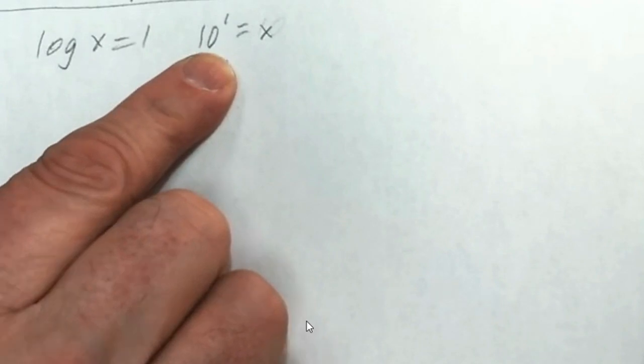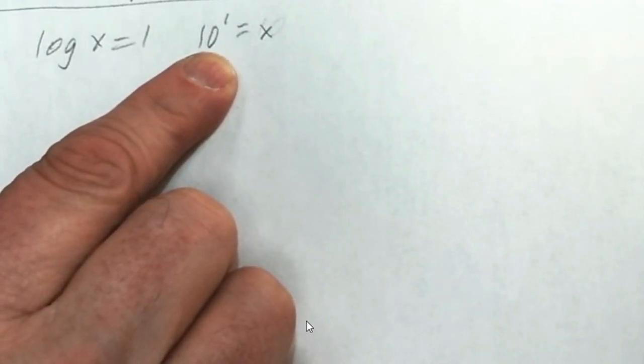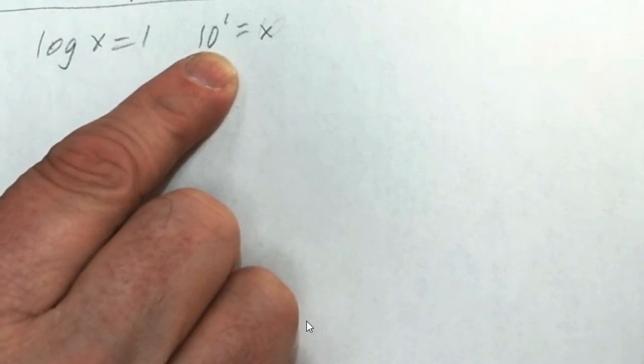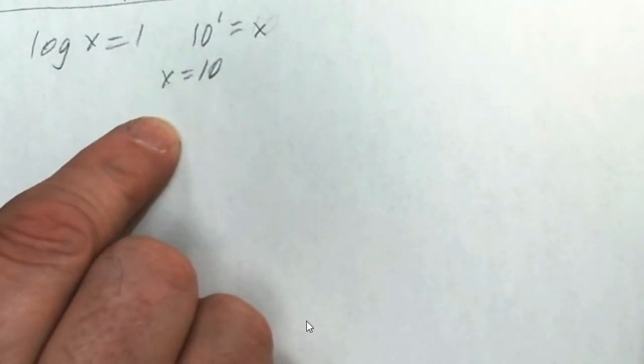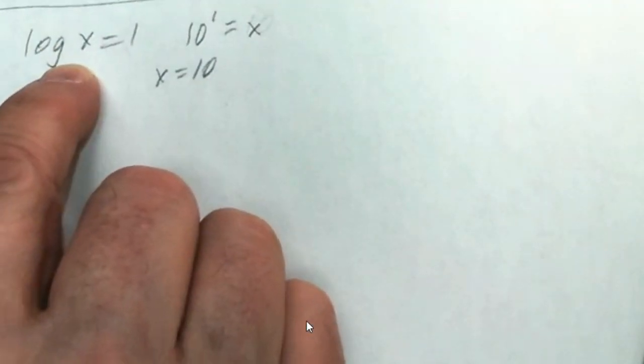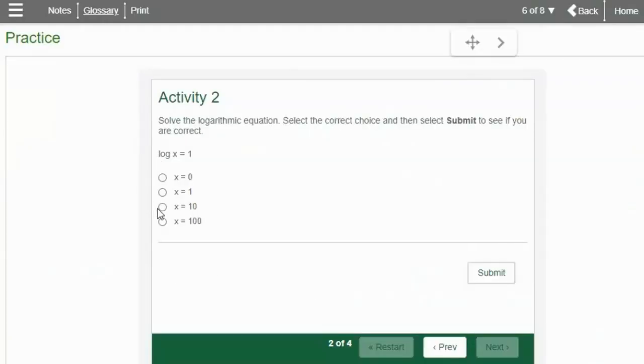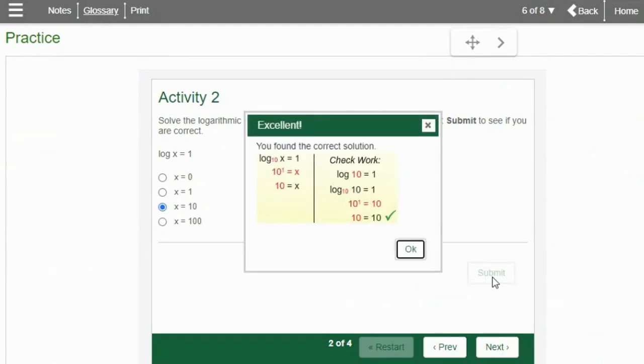Here's what I get. Log x of 1. It's base 10 because it didn't give us a base. So it's 10 to the first power equals x. What's 10 to the first power? Yeah, x equals 10. Base 10, they didn't put anything, so we know the base is 10. Yeah, good job, Becca. You're on top of that.